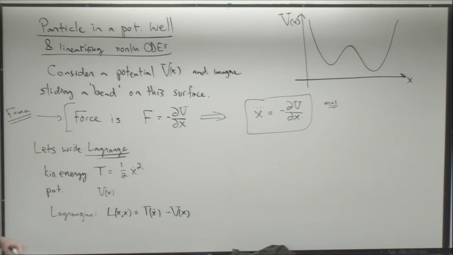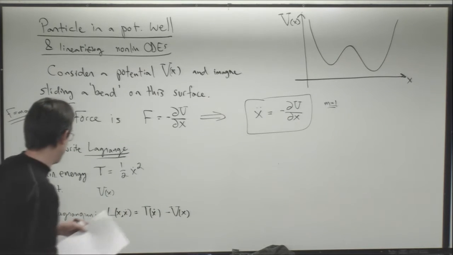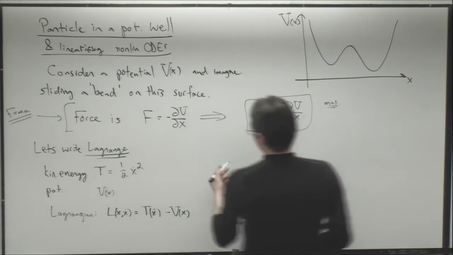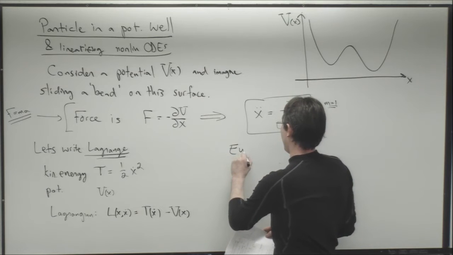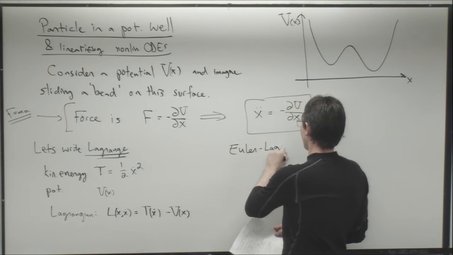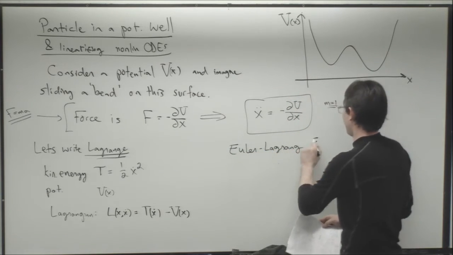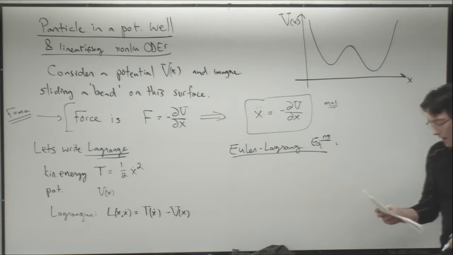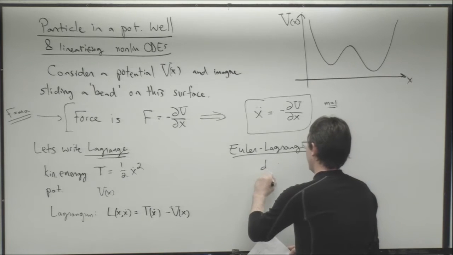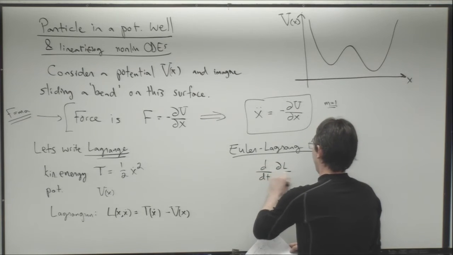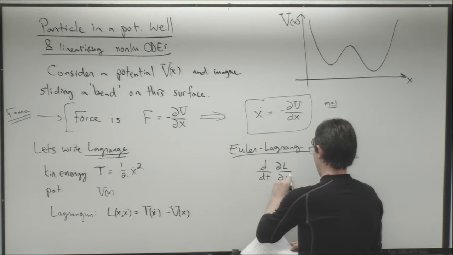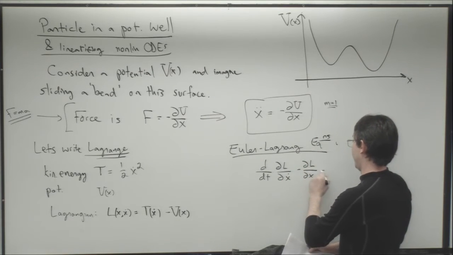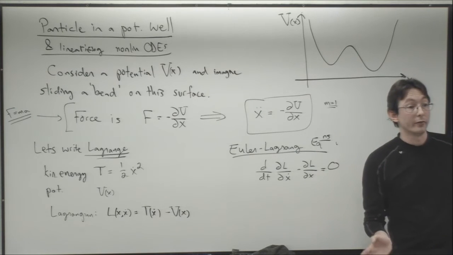Okay, for those of you who can't see it, it's on the side screen too. And so we can write down the Euler Lagrange equations as the time derivative d/dt of partial L partial x dot minus partial L partial x equals 0 for an unforced system.